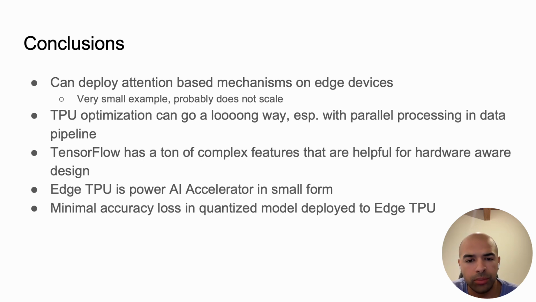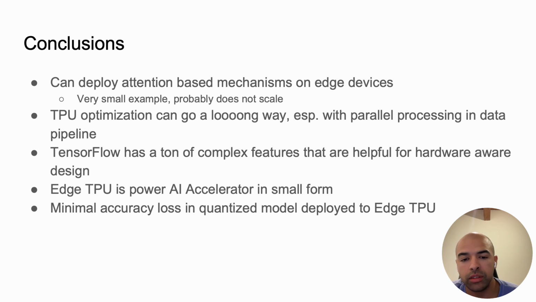So, conclusions: we can deploy attention-based mechanism models on edge devices. This is a very, very small example. I wouldn't expect this to scale up to certainly not the LLM-based attention or transformers. But it's kind of cool that something that's very popular, like the idea of attention, can be deployed on an edge device.